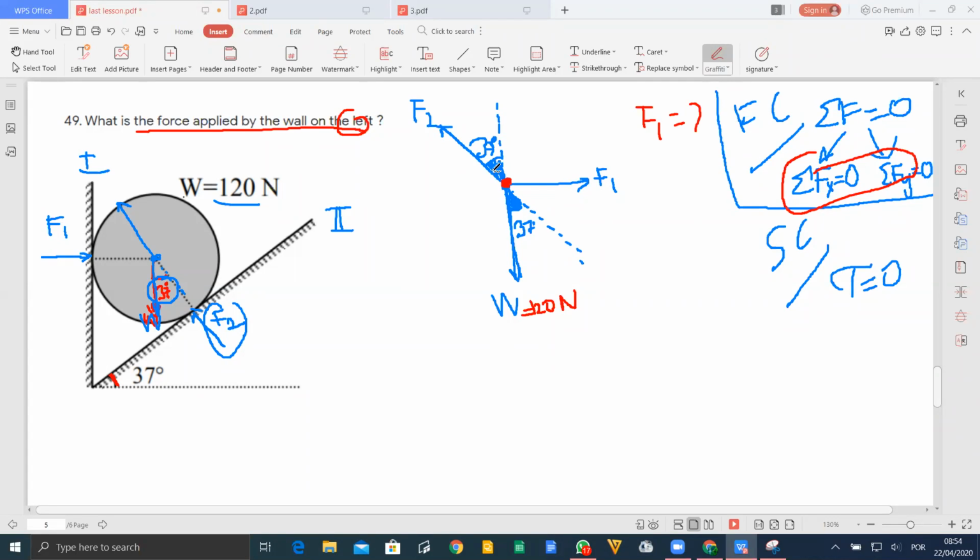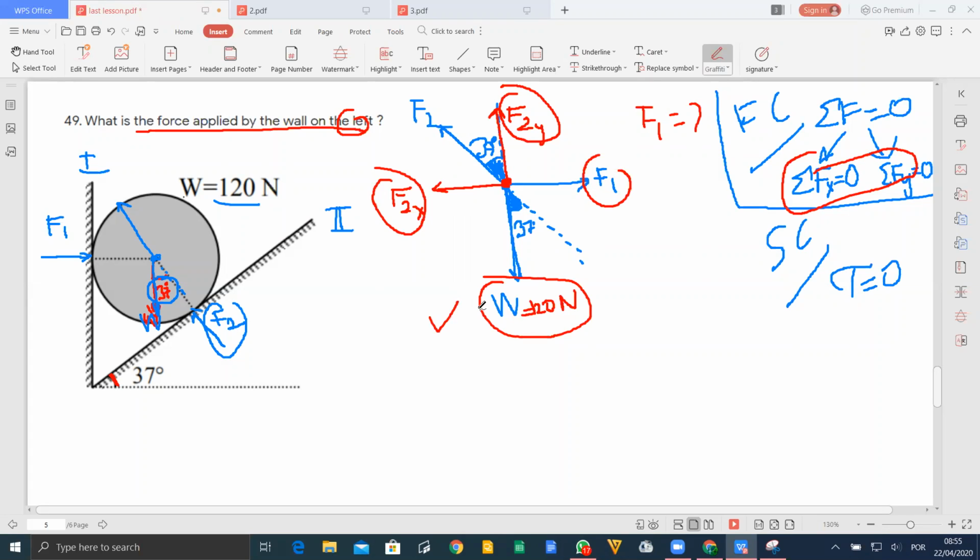But you see that there are three forces, and this F2 has two components. Let's say this is F2x, and this is F2y. I'm going to speed up now. Quickly, I can say that the weight will be equal to F2y in magnitude, and this F2x will be equal to F1.